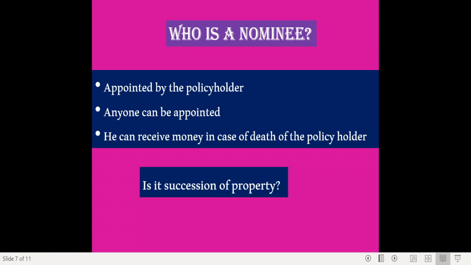So what I mean to say is, is there a third way of succession of property other than the two which I discussed in the earlier slide? The answer to this is no. This is not a third method of succession of property. He can only receive money under this policy. Now, receiving money and enjoying the benefits created by that money, they are two different things.